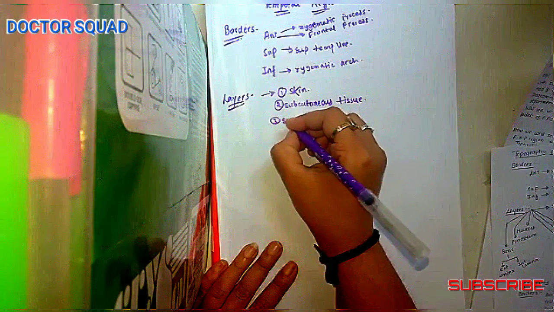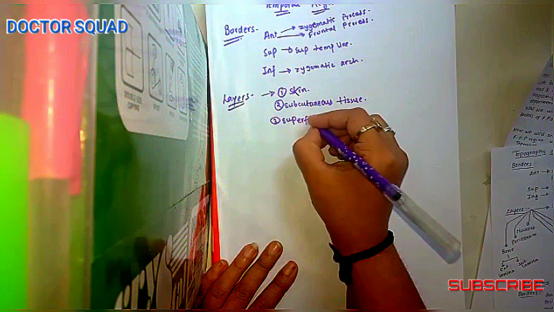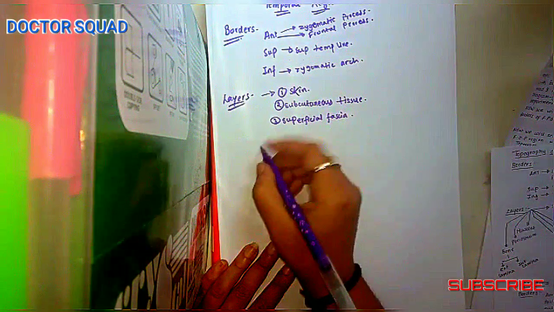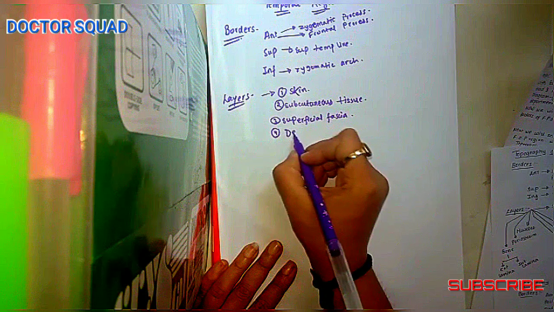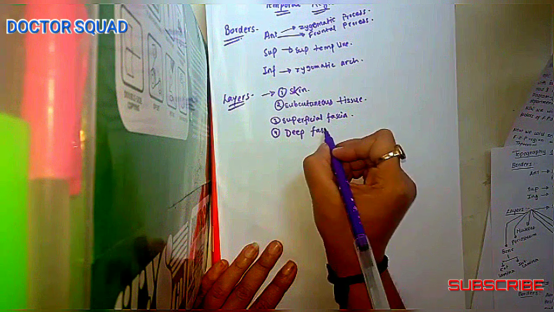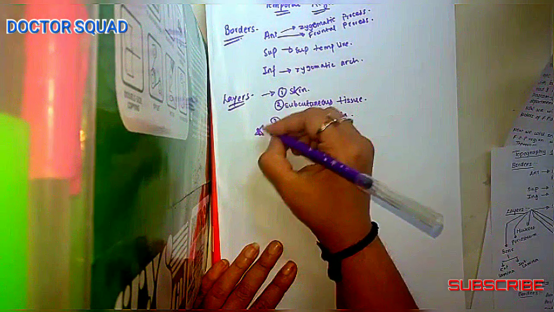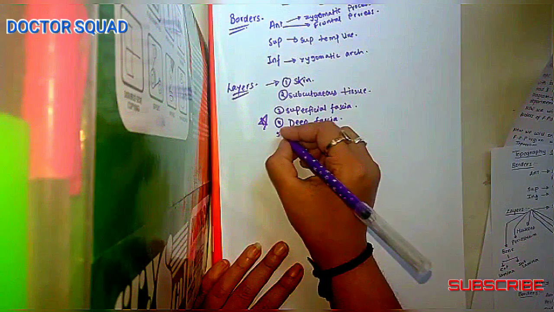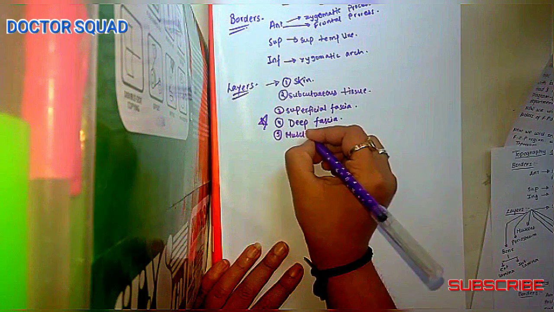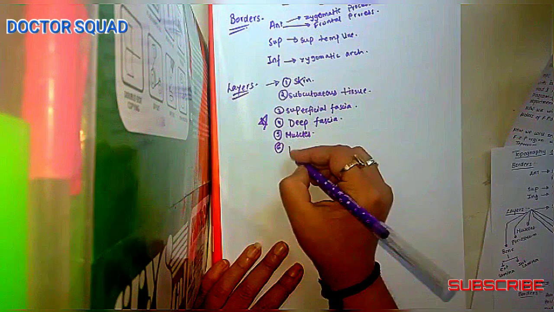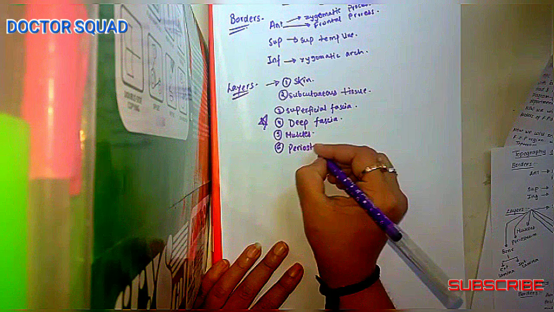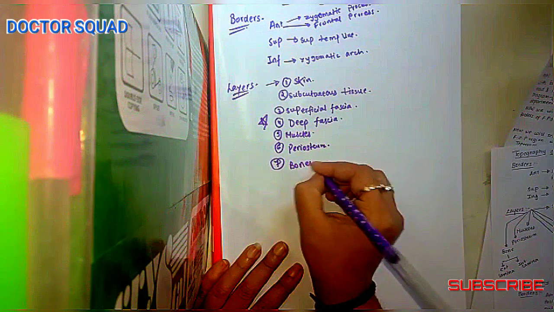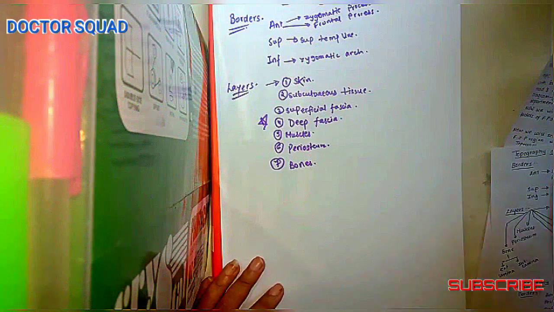Third, superficial fascia. Fourth, deep fascia, one of the important layers in the temporal region. Fifth, muscles. Sixth, periosteum. And seventh, bones.